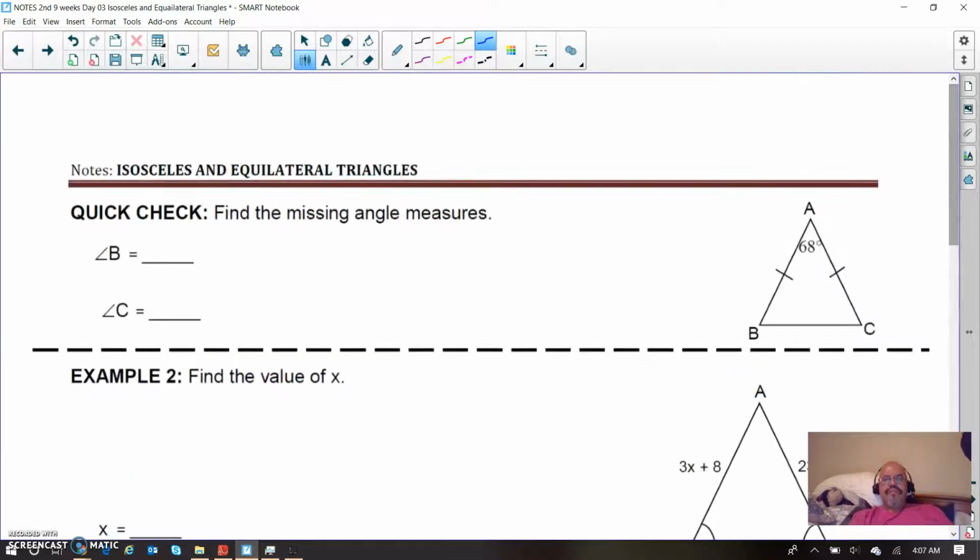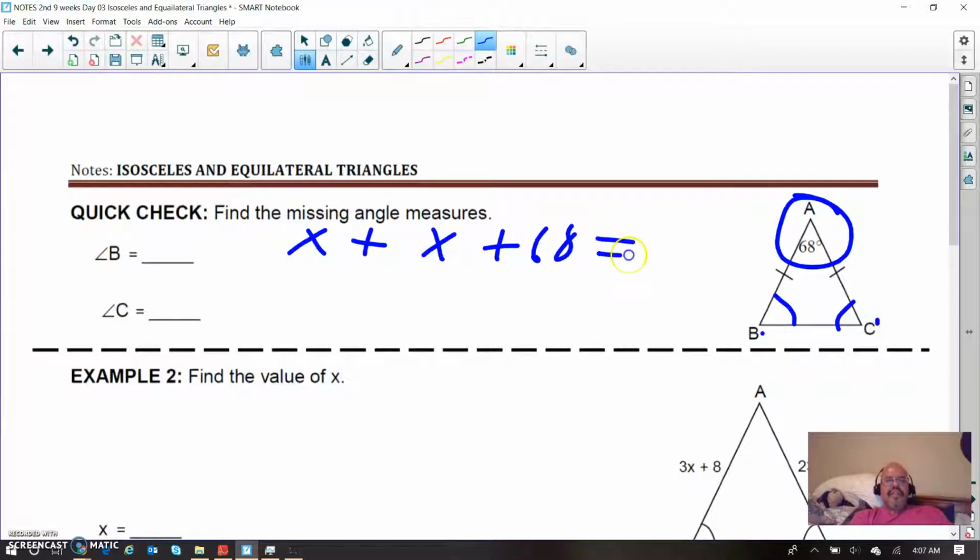But then again, right here, we have this angle. So this angle and this angle are congruent. So that's x plus x, since angle B and angle C are both congruent, plus 68 equals 180. Subtract 68 from both sides, that's 112, and that's these two added together.